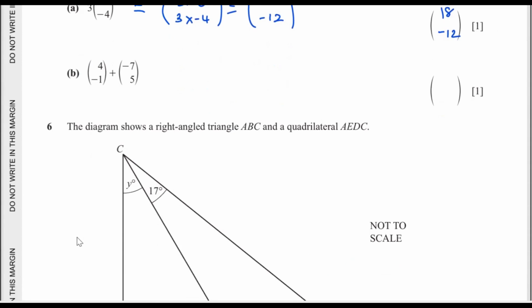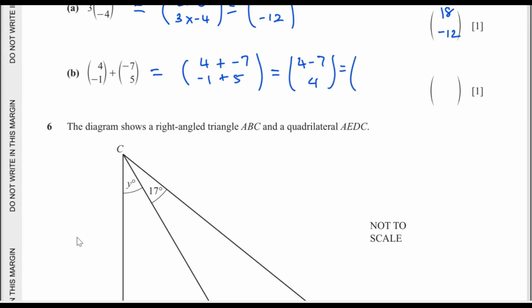Plus addition here will give us 4 plus minus 7, and this is minus 1 plus 5. So this gives us 4 minus 7, and this will give us minus 1 plus 5, which is going to give us 4.